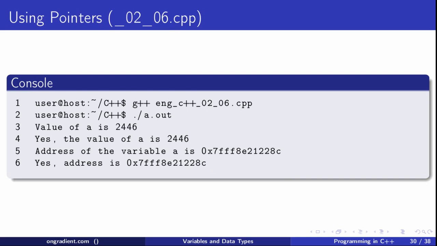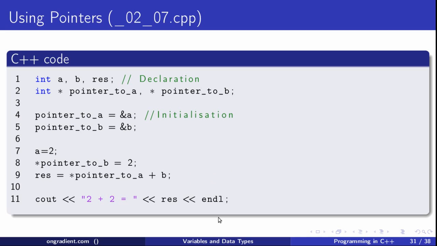The 7th example. Declare 3 variables and 2 pointers, saving the addresses of the variables. Initializing variable a using the identifier of the variable. Also initializing variable b using the pointer to the variable b.